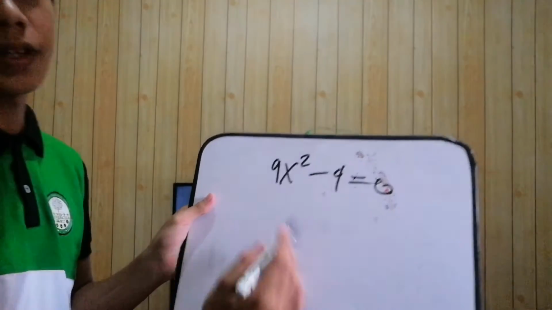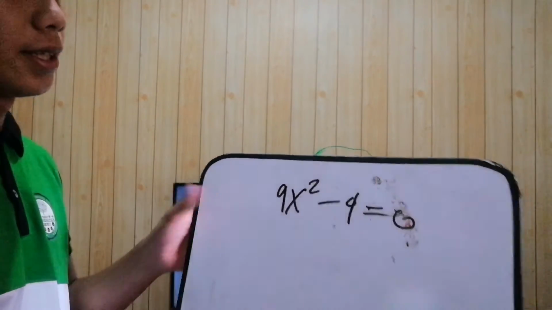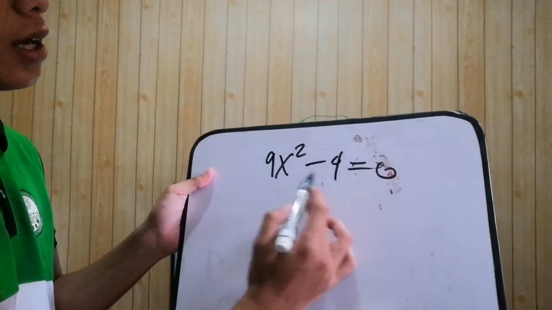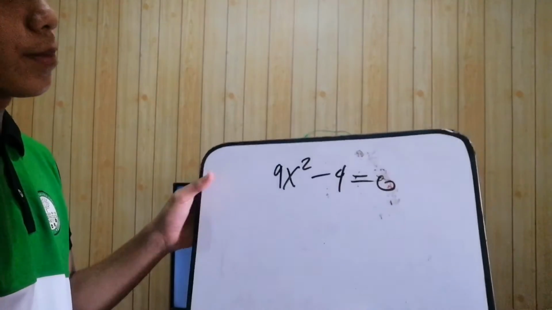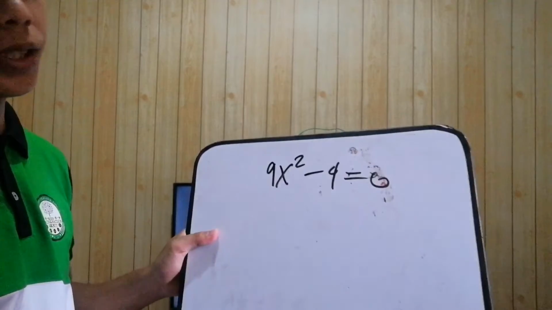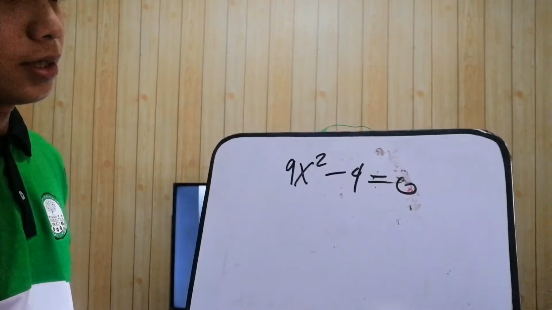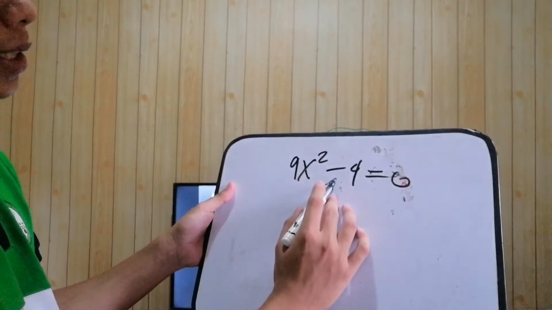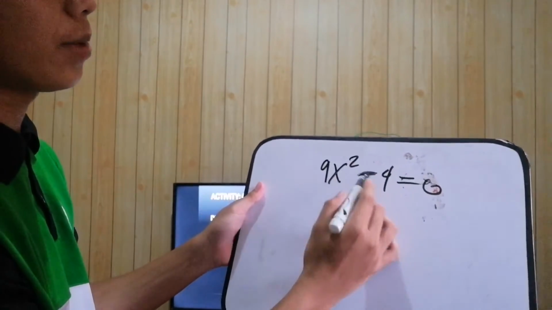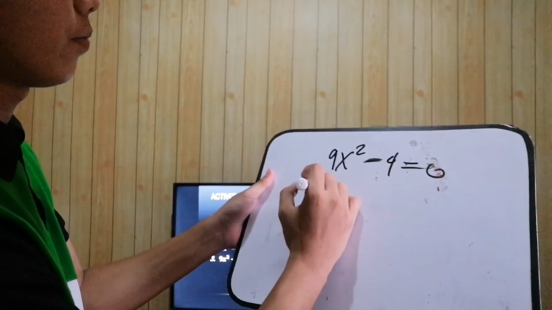This is a perfect square binomial since 9 and 4 are perfect square. So, sa pagkuha ng nito, factors nito is madali na lang. So, ang factors nito is sum and difference lang ito. So, sum and difference of factors.